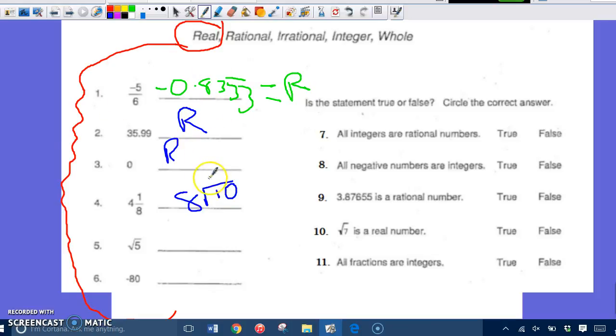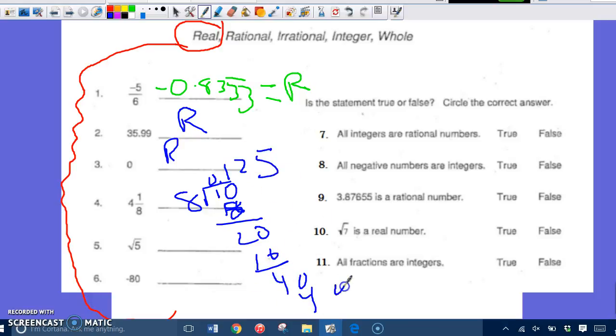8 goes into 10 1 time, 8, 2 left over. There's my 20, 8 goes into 20 2 times, 16, 4 left over, bring down a 0, that's going to be 40.